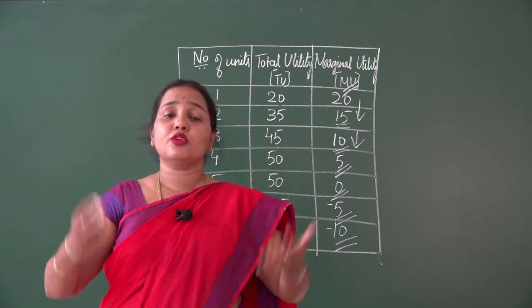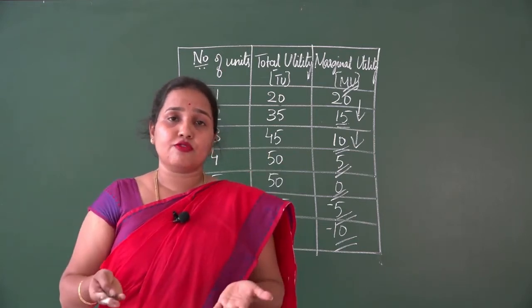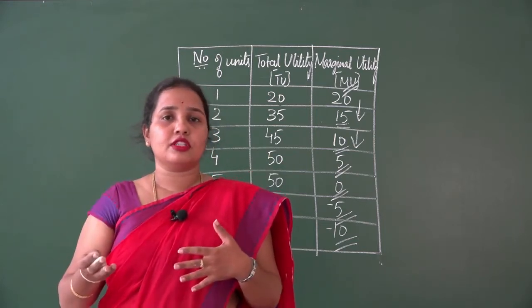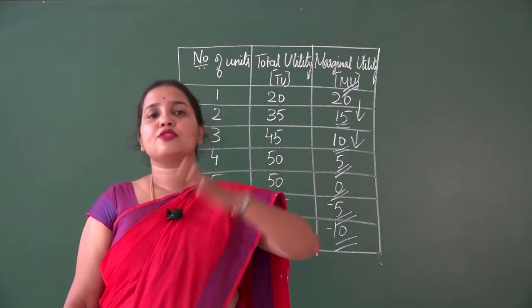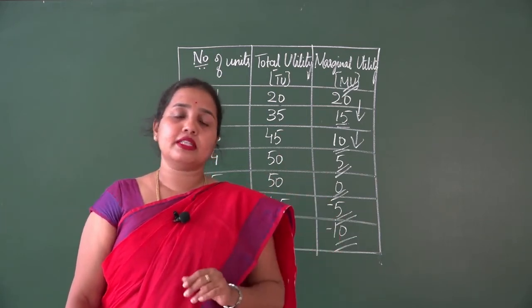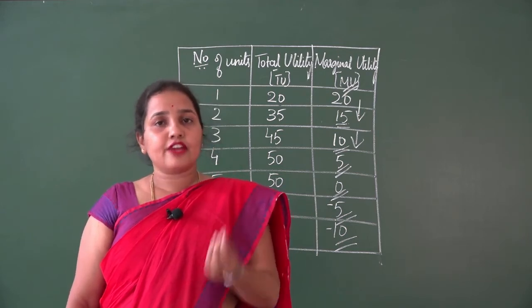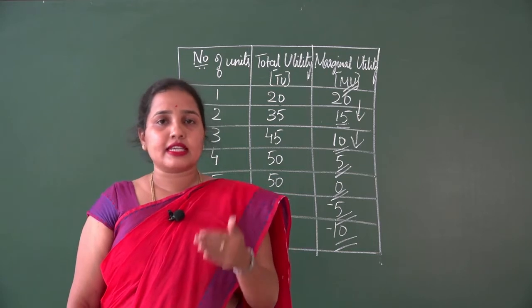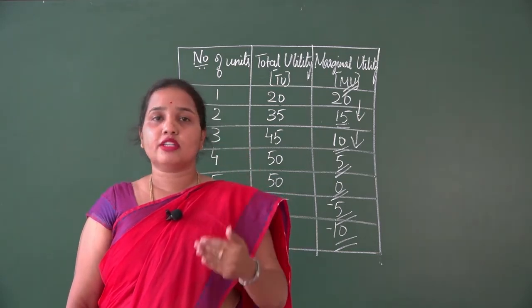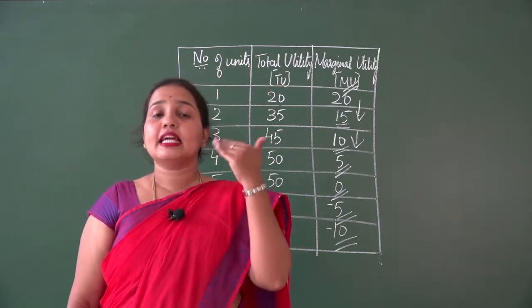But still when you continue to have another glass of water, that is the fourth glass of water, you feel restless and your happiness turns into unhappiness, and the utility derived from the consumption of that particular good, here in our example water, declines.